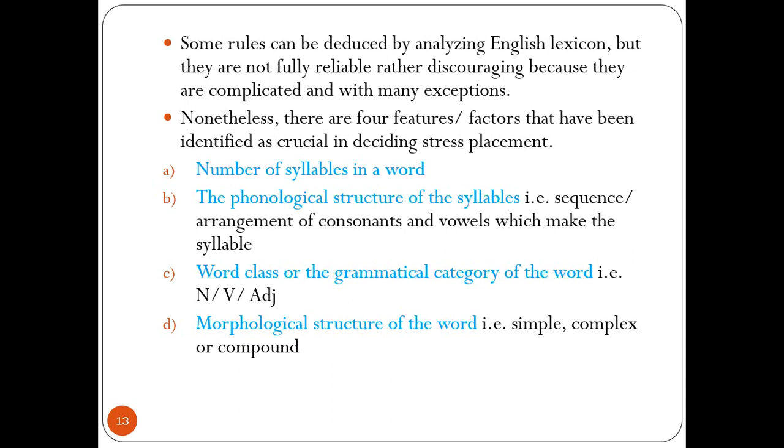Let me explain them right here so that we can understand. Simple words are made of a single word without affixes, a word without suffixes or prefixes. That's what we call a simple word.